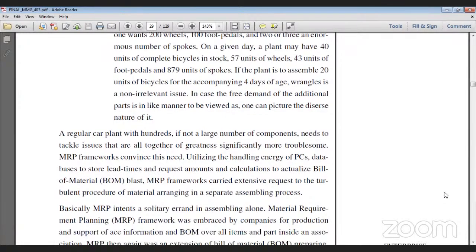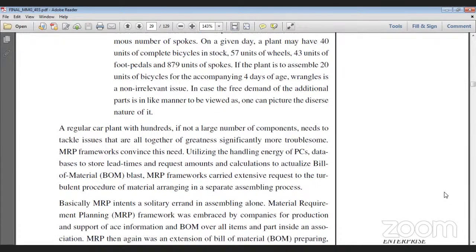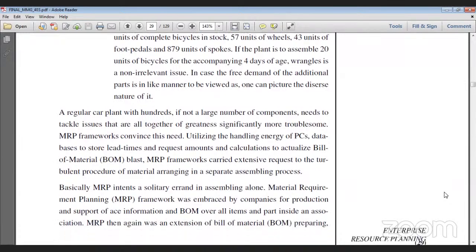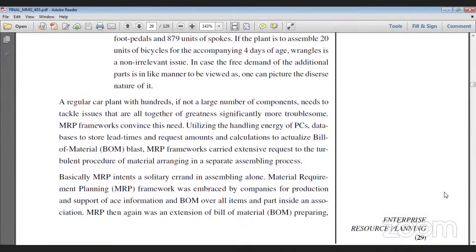And now we shall stop here because the next subject is MMG 404. Basically, MRP intends the integration of manufacturing. The material requirement planning framework was adopted by companies for production and support information of BOM, that is bill of material, for all items and parts inside the organization.